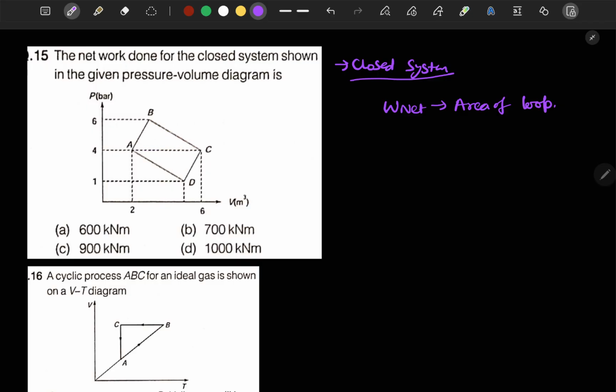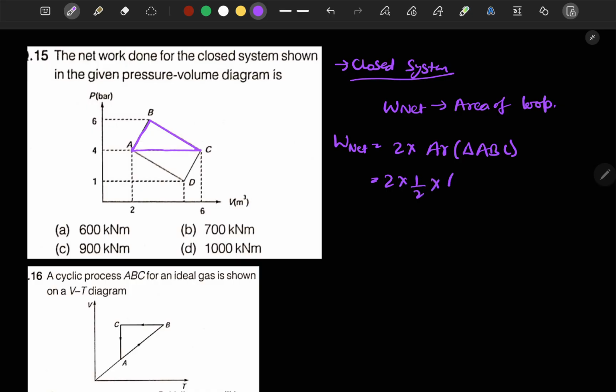Okay, so here we can see there are two triangles. Triangle ABC and triangle ACD. So what we can write, W net is equal to 2 into area of triangle ABC, which is 2 into half into base.